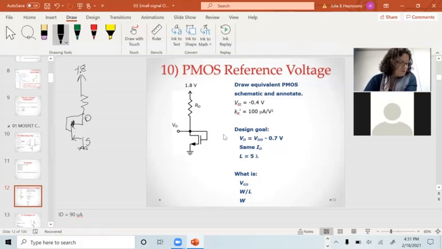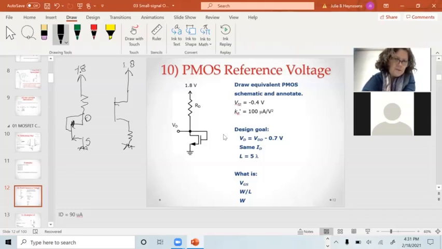Sometimes you have to use positive voltages. And in this case, if I'm going to use a positive voltage, 1.8, notice I'm looking at this so I don't screw this up. And the resistor goes there.